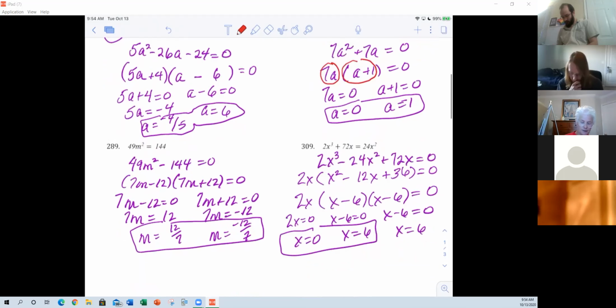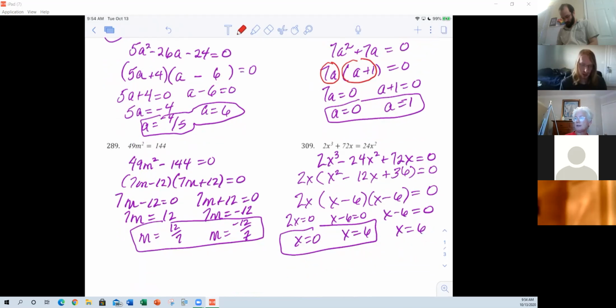289. To get this one set equal to 0, you would just subtract the 144 from both sides. We have 49m² minus 144 equals 0, and we already factored that in the Pear Deck. It's the difference of perfect squares. So it factors to be (7m - 12)(7m + 12) equals 0.